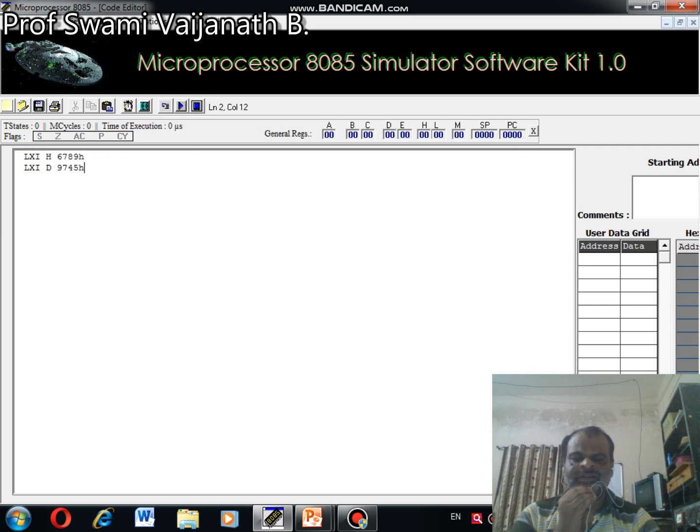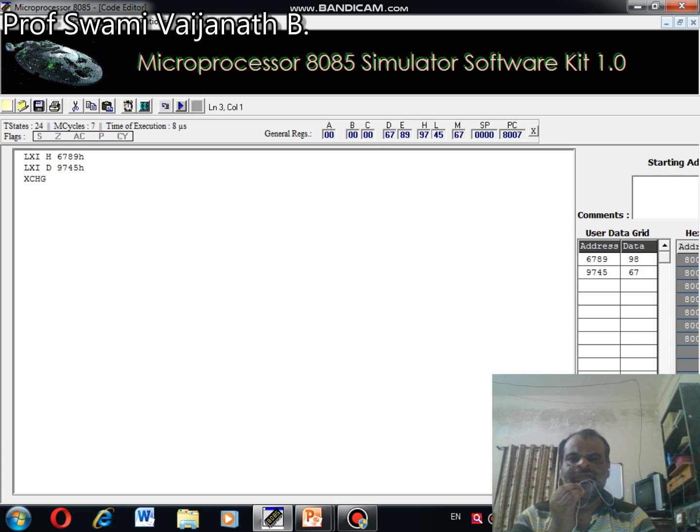Then I give the exchange instruction. If location 6789 has any data and the other location has any data, then this content cannot take part in execution. Only addresses are exchanged with each other, that is, the HL address is exchanged with the DE address and the DE address is exchanged with the HL address. Then I execute.